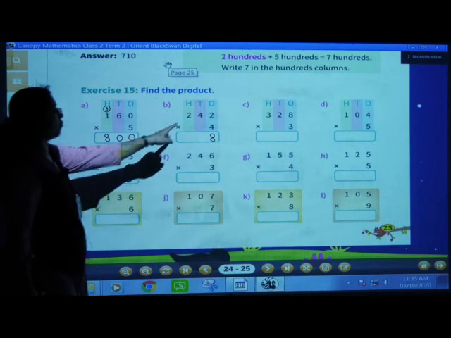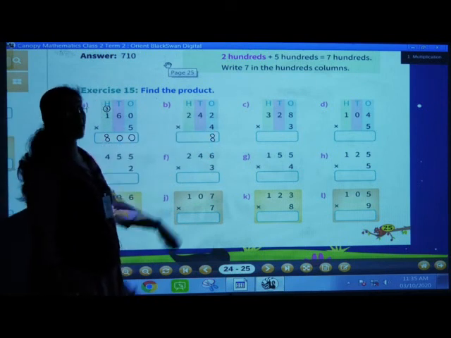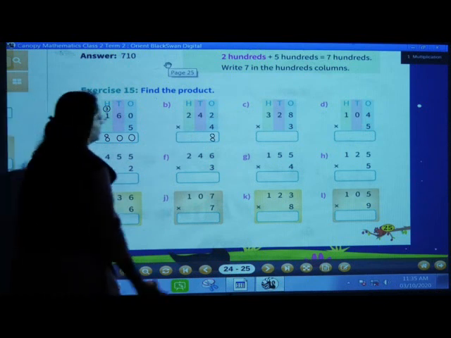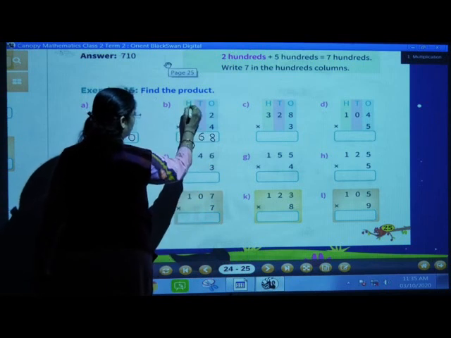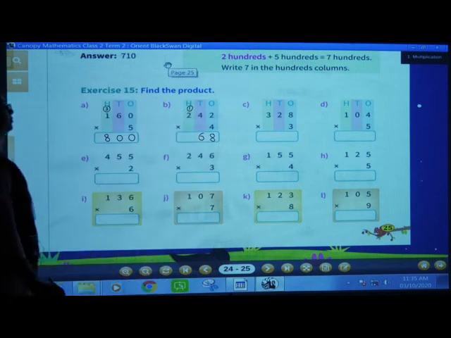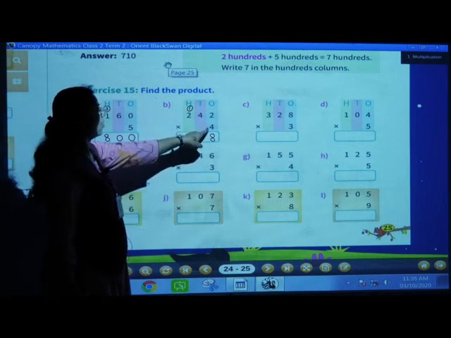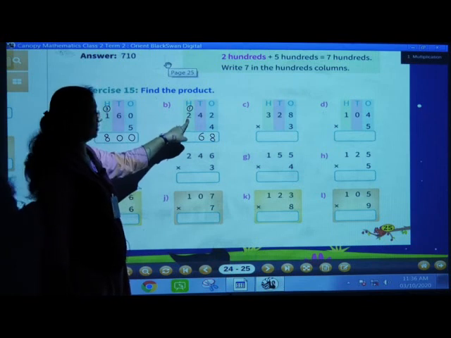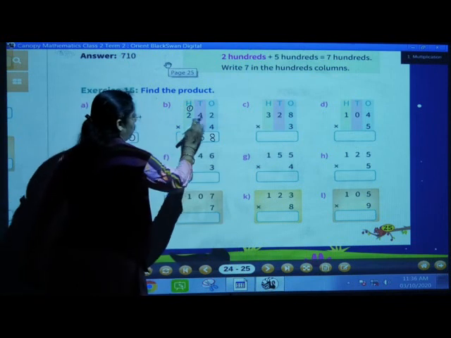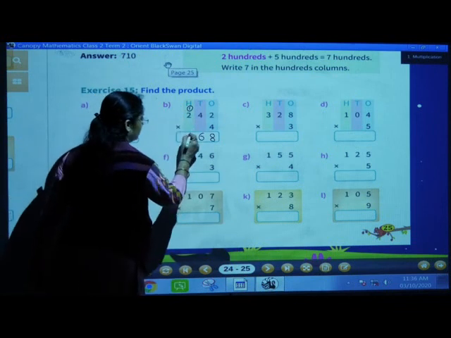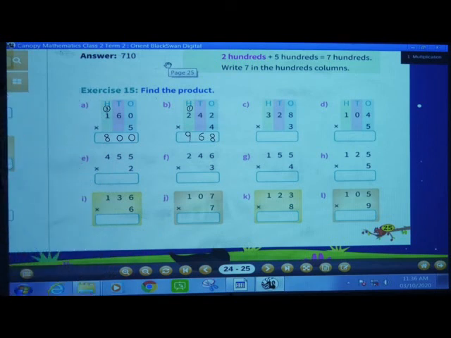Next, 4 tens multiplied by 4. 4 fours are 16, means 6 we have to write in the tens column and 1 carried over. Next, 4 twos are 8. 8 plus this 1, we have to add this 1. 8 plus 1, 9. Means 242 multiplied by 4 is 968.